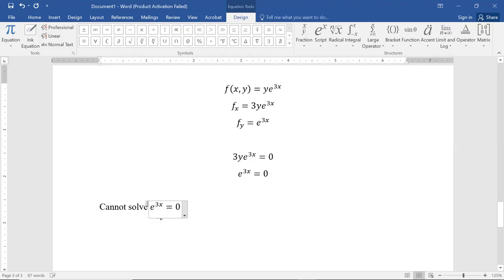Normally, if we would solve this, we'd take natural log of both sides, but if you take a natural log of 0, it's undefined.